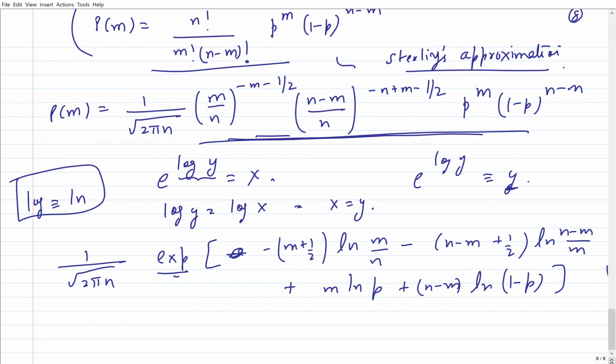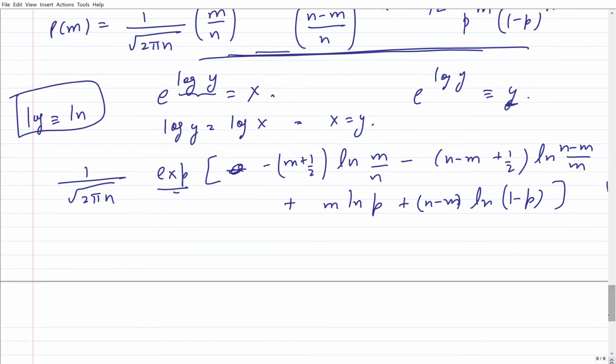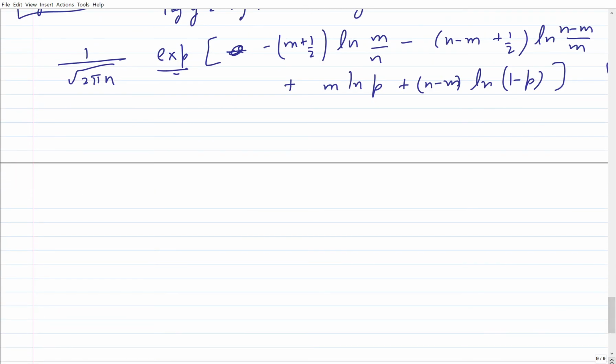And now what I'm going to do is replace m. Intuitively I know that m is peaked around np, so I'm going to just write np plus some epsilon over here, where this epsilon I consider to be much smaller than np.